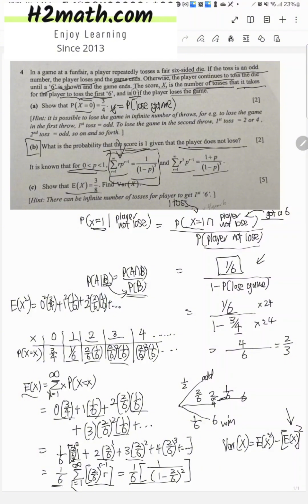The only difference between E of x and E of x squared is that now, instead of multiplying the probability by the x value, we multiply the probability by the square of the x value and then add up. So you can guess that in order to evaluate this, we need the summation formula over here. You can try it out yourself and see whether you can get the answer. Thank you.